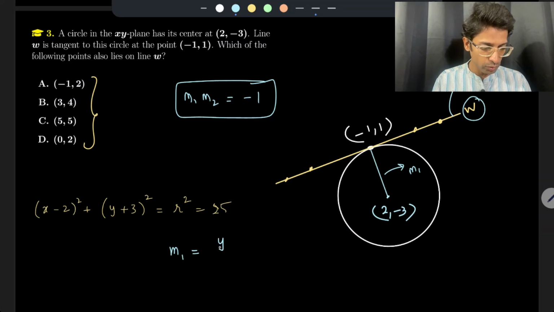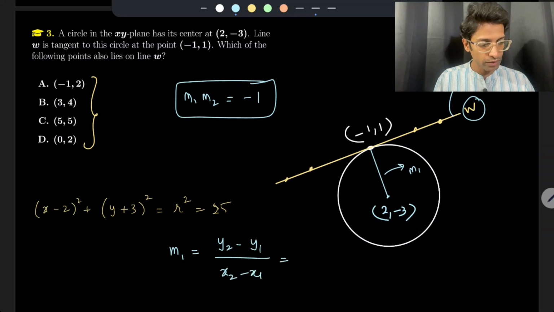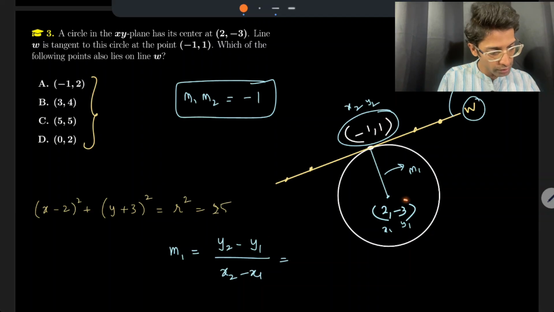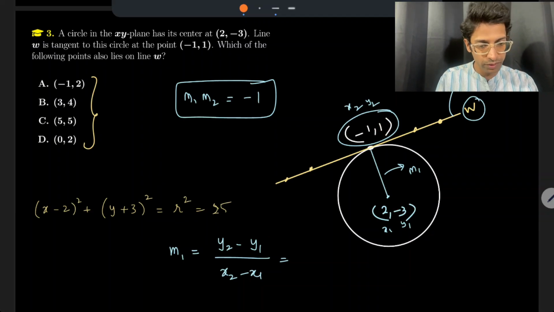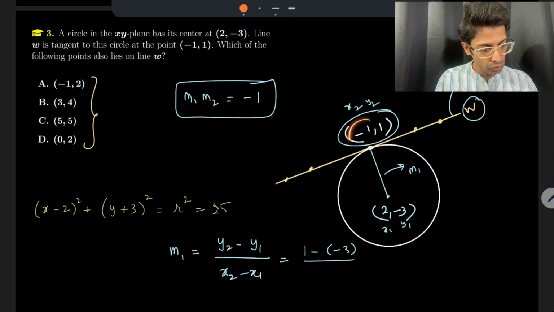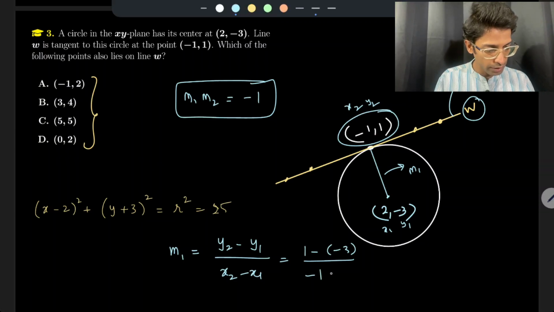which is y2 minus y1 by x2 minus x1. So I will select this as x2, y2, this as x1, y1. So that gives me, let's now take your attention to these 2 points, y2 minus y1. So that should be 1 minus of -3 by, now take your attention to these 2 points, that should be -1 minus of 2.